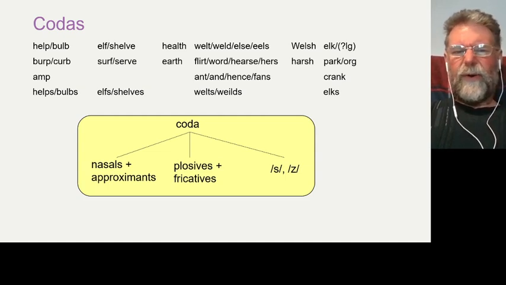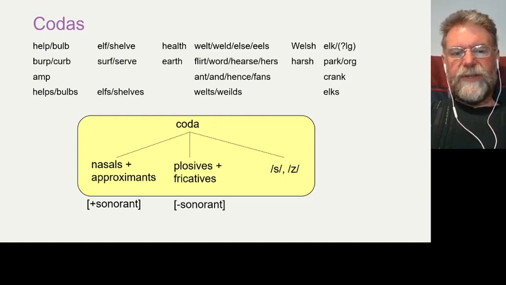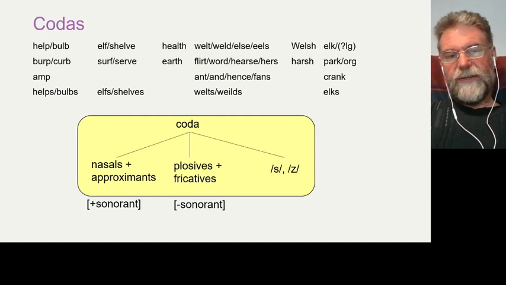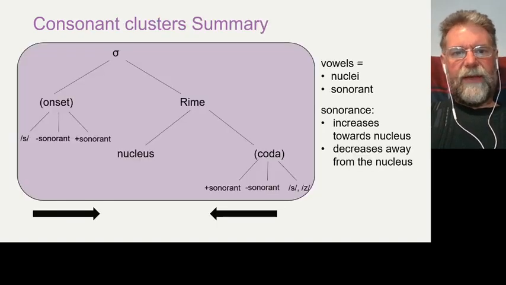So we've got almost a reversal of the restrictions applying to onsets as what applies to codas. Essentially, the plus sonorant elements can occupy that first position, and the minus sonorants occupy the middle position.